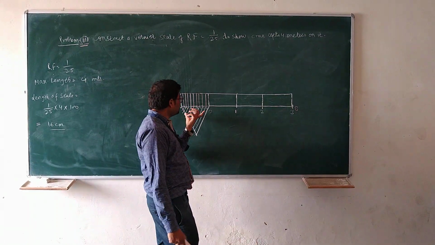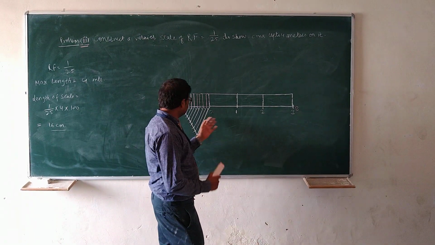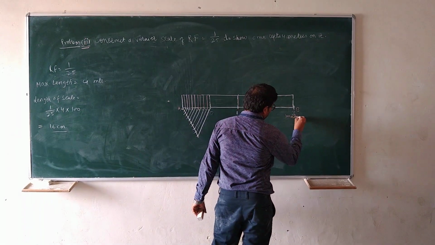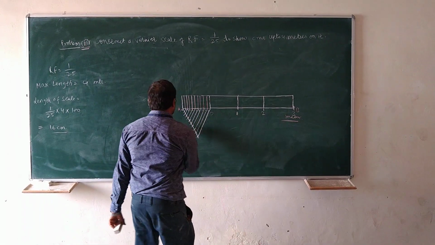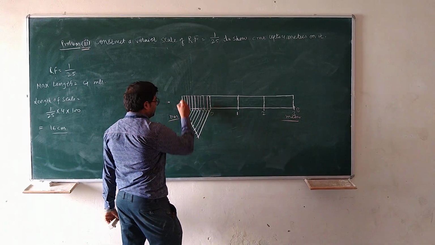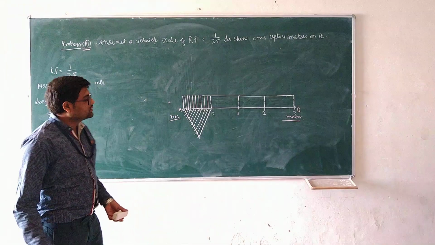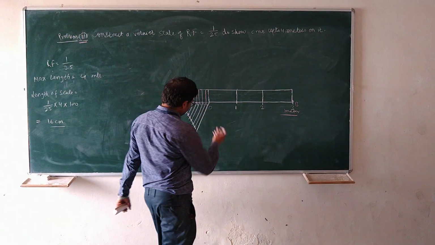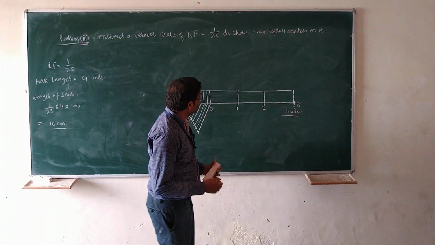In the 4 equal parts, the first part will show the meter, the next part will show the decimeter, and the upper part will show the centimeter. We will discuss this in a short time.